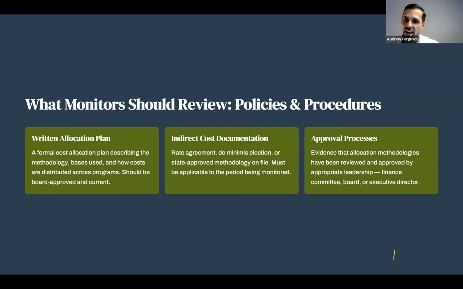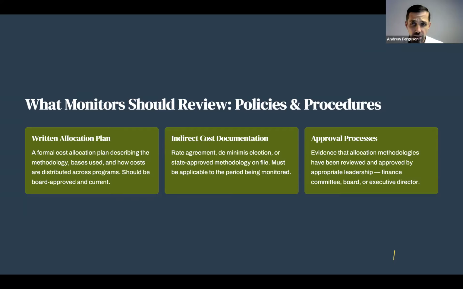Then you want to see the indirect cost documentation. Whatever is governing their indirect cost, whether it's the rate agreement, their de minimis election, or, I know we're speaking to monitors across all the states, whatever state-approved methodology the agency would have on file, and then making sure that it's applicable to the period being monitored.